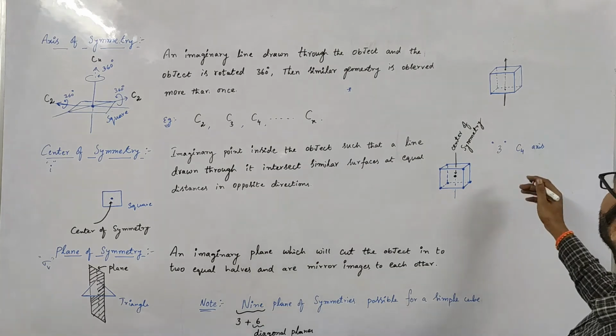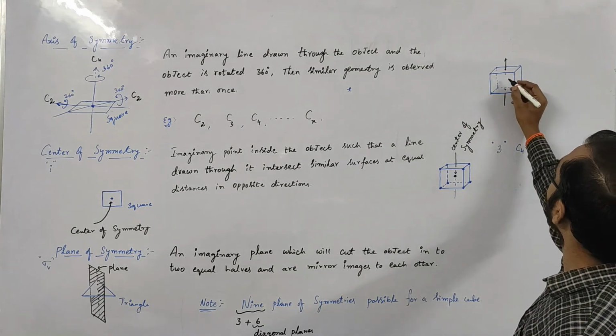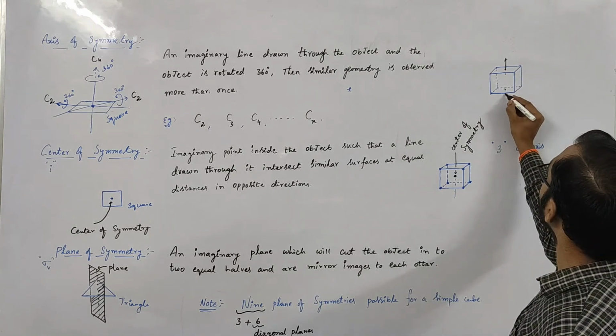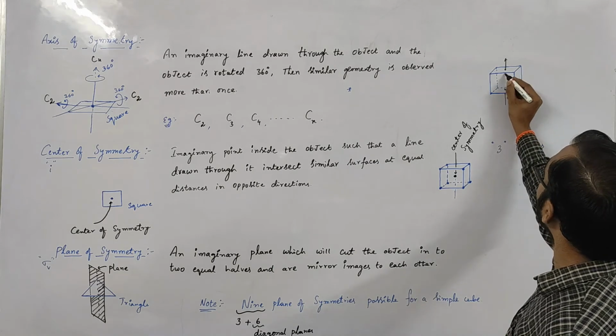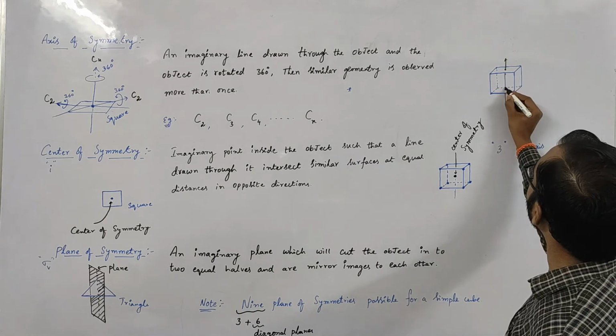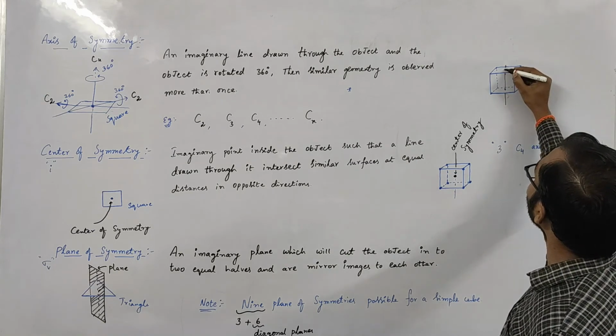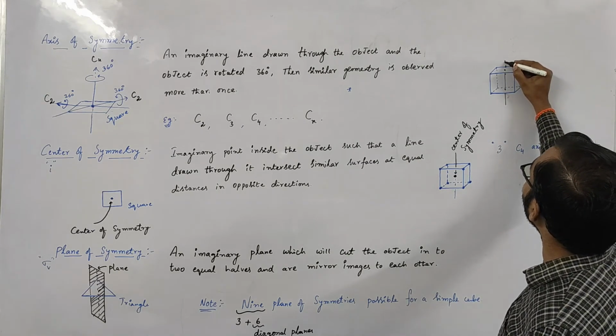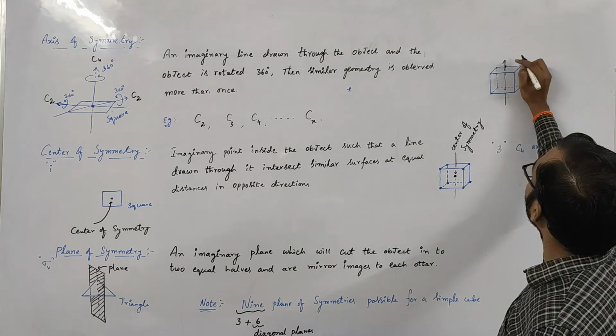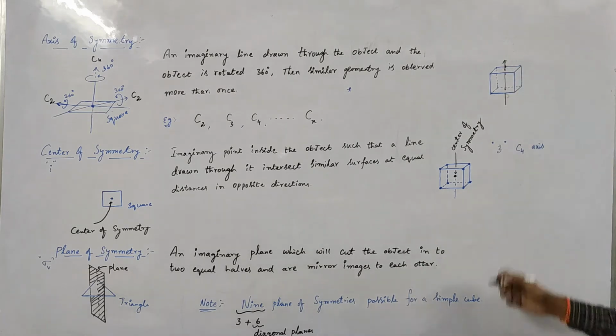The axis never changes. This is the center of symmetry, and the axis of symmetry. What type of axis of symmetry?